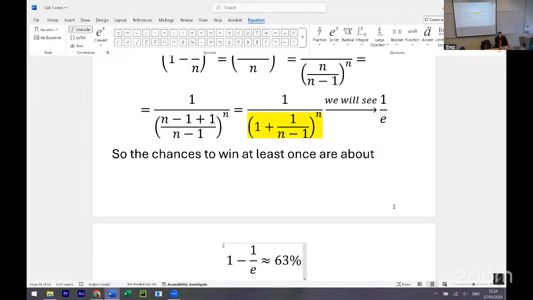Okay, so that is quite surprising, right? Because we felt the probability means 1 out of a million. It's 1 out of a million, but actually the chances for at least 1 out of a million is just 63%. 36% of the times you won't even get 1 out of the million, right? So that is something interesting in probability.